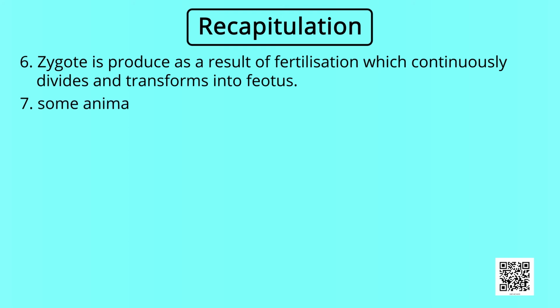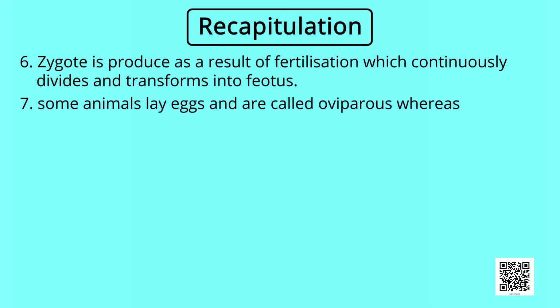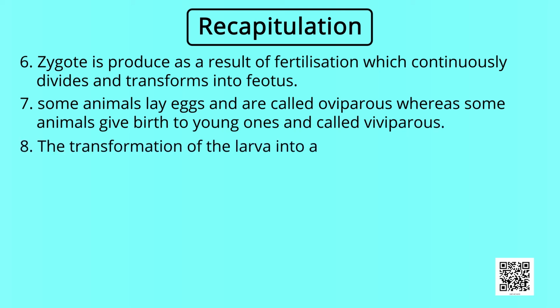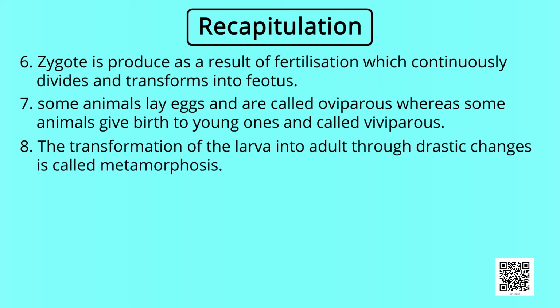Some animals lay eggs and are called oviparous, whereas some animals give birth to young ones and are called viviparous. The transformation of the larva into adult through drastic changes is called metamorphosis.